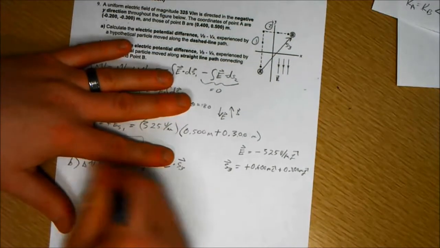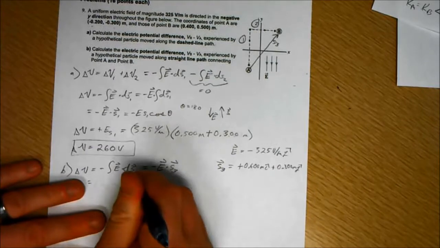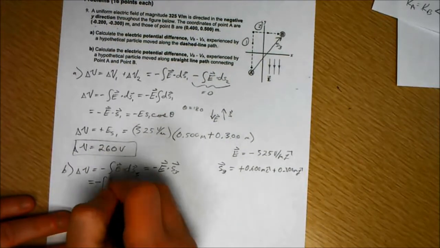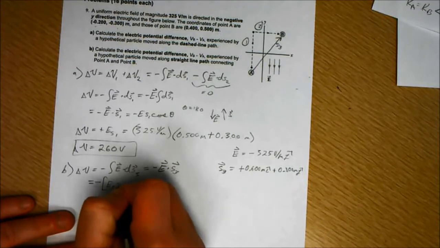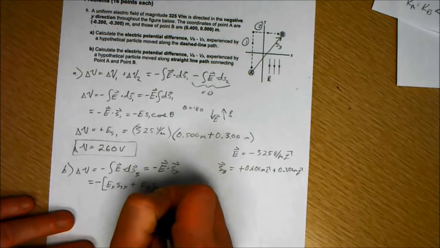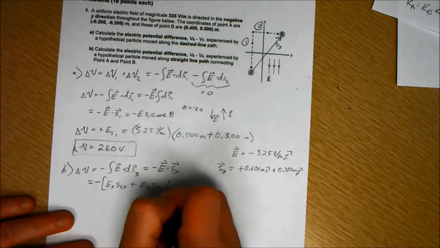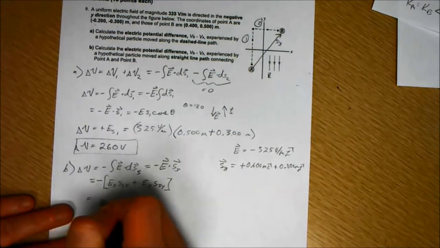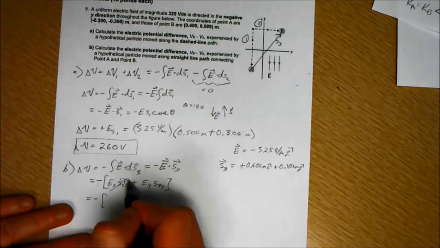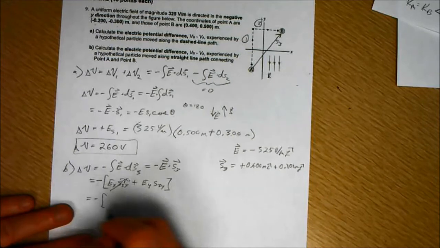So I'm going to go back and do the dot product in unit vector notation. That will be negative Ex times S3x plus Ey times S3y, and remember this is equal to 0 because Ex is equal to 0.